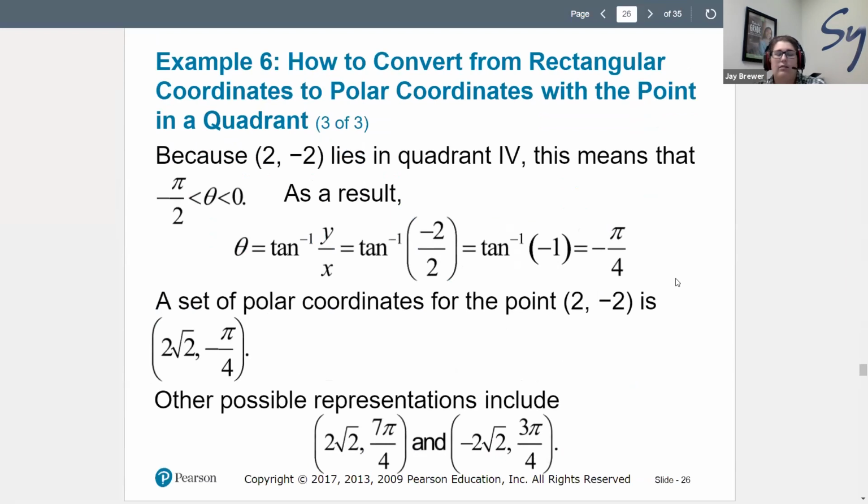Okay, so we get negative pi over 4. So you're looking at 2 square root of 2, comma, negative pi over 4, or there are many other possibilities as well.